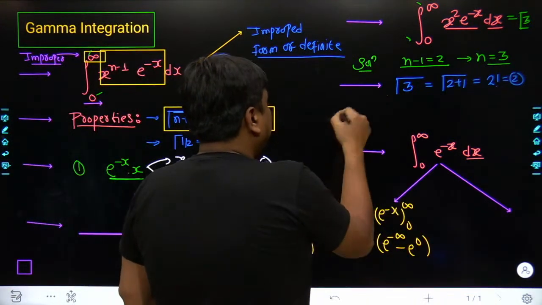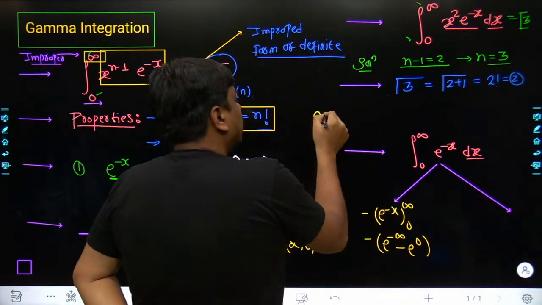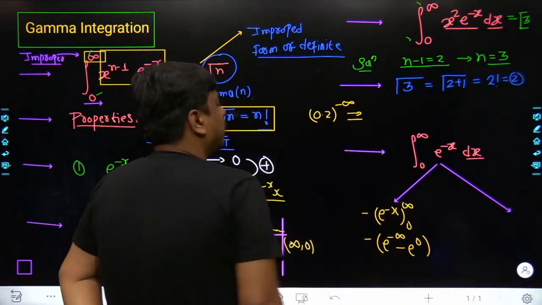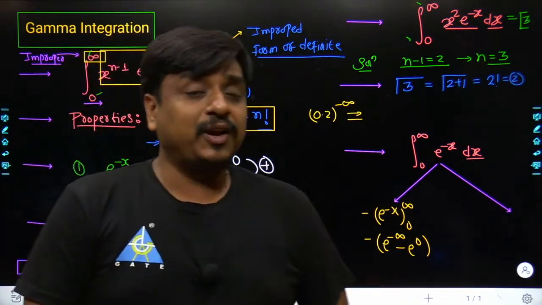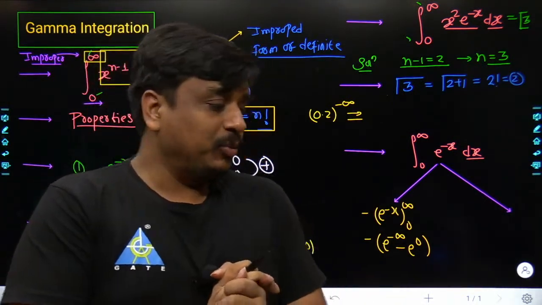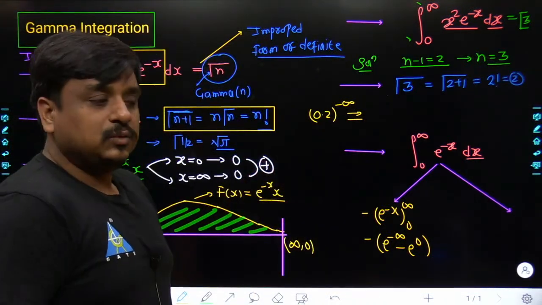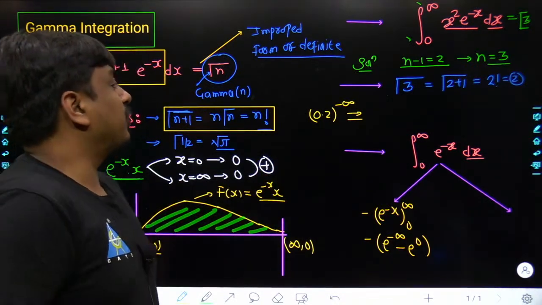So if it is 0, can you tell me one thing? Rather than e to the power of minus infinity, let's take 0.2 to the power of minus infinity. May I know what would be the value of 0.2 to the power of minus infinity? Because this sort of problem can be framed at any moment. I want to have the input for this sort of problem also.